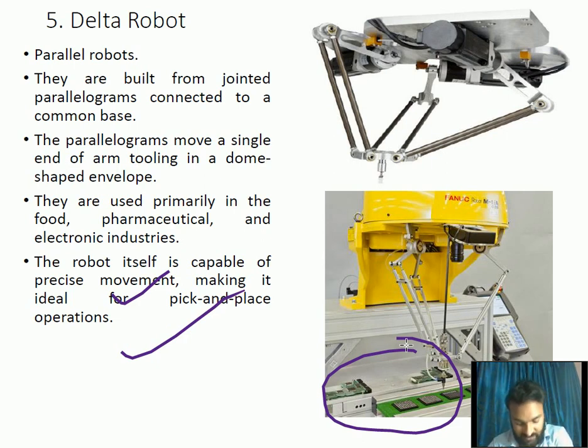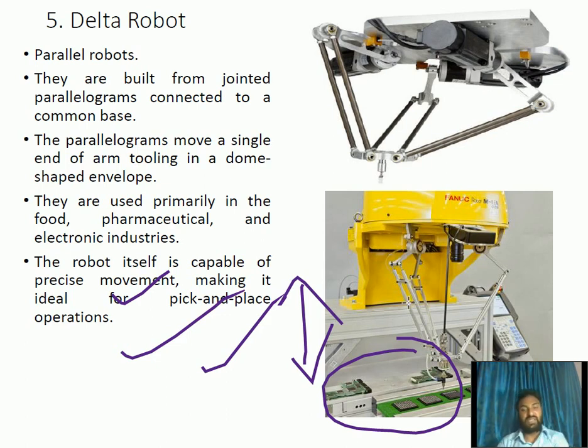For that purpose you can use the Delta robot, because it is precise and makes picking and placing types of tasks very easy. Again in assembly it is the fastest among all 5 robots.